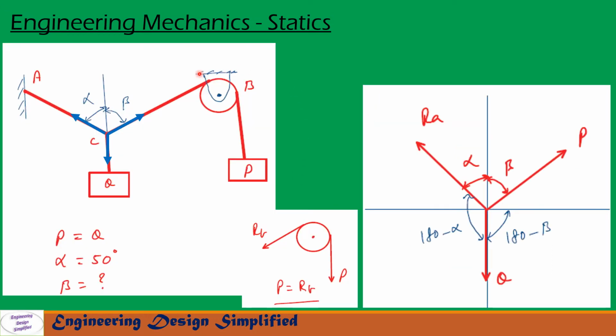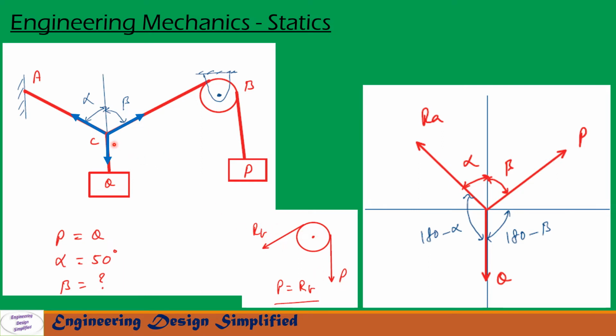Now let us draw the free body diagram of the roller at B. At B, force P is acting downwards, and this side of the string will experience a tensile force RB. Since the friction is neglected, P equals RB.